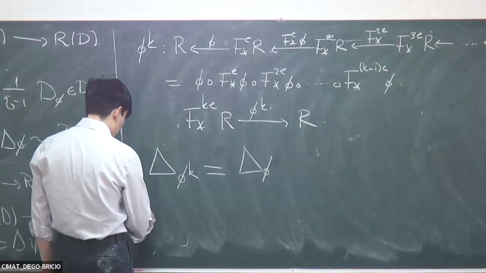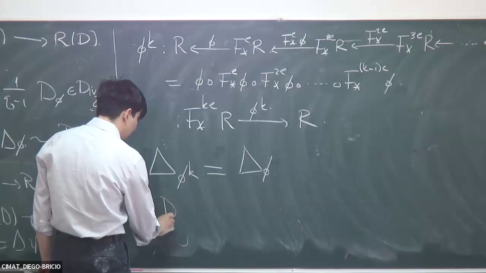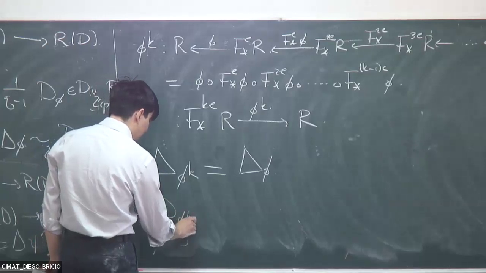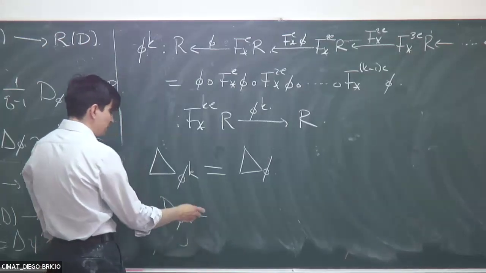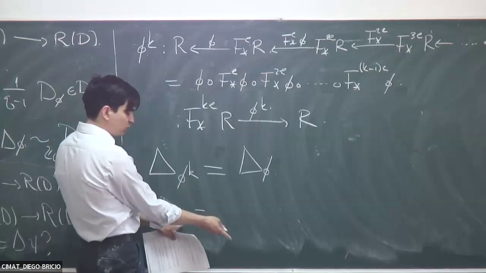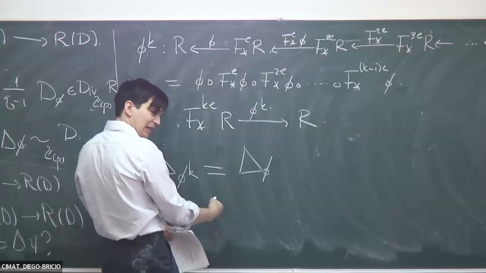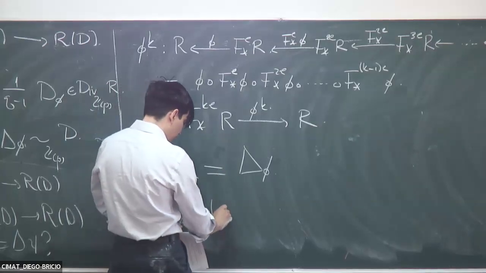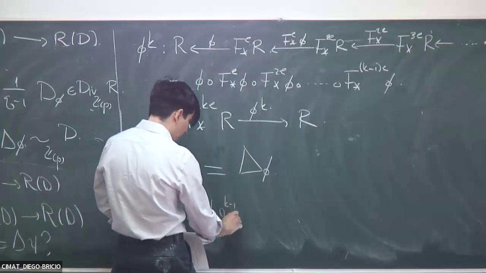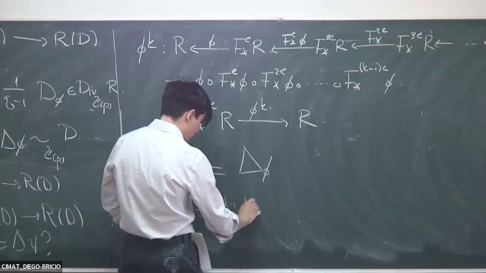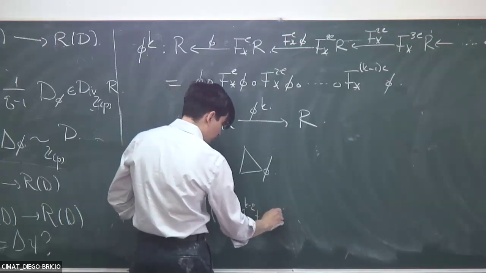Because by functoriality, delta of phi^k, you're going to have to sum them, you're going to have to pull them back all the time. So if you do the calculation, this is going to be q^(k-1) plus q^(k-2), and so on.